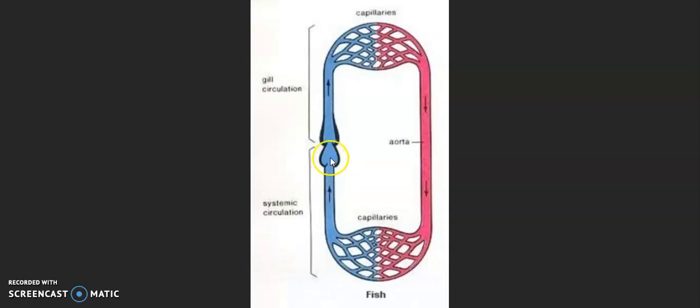The same happens when the blood goes from the atrium, the first chamber of a heart, to the ventricle, the second chamber of a heart. By the way, as you can see here at the bottom, this is the circulatory system of a fish. Then we will see how this is true for our circulatory system, for mammals and birds. Here we have the atrium.